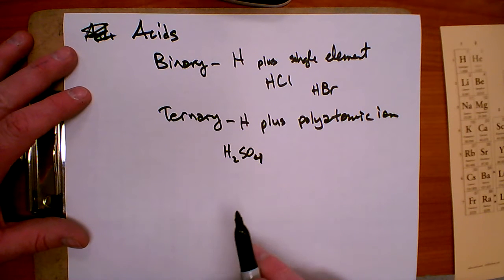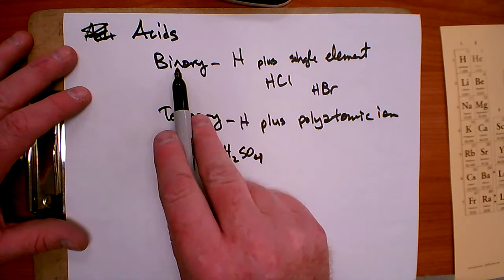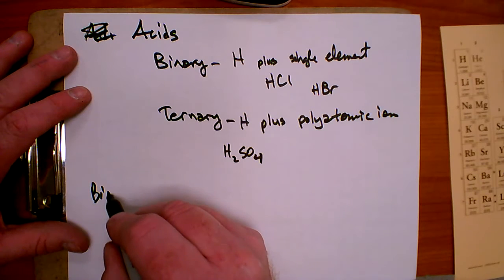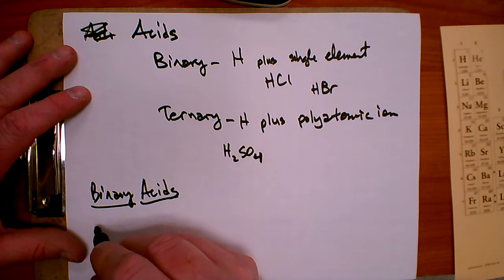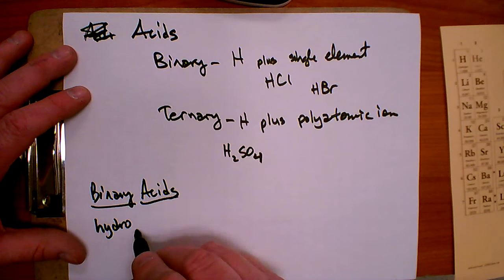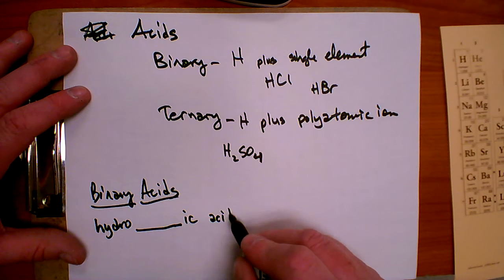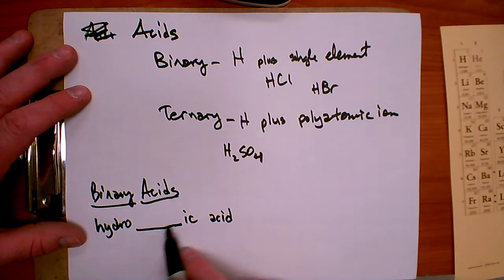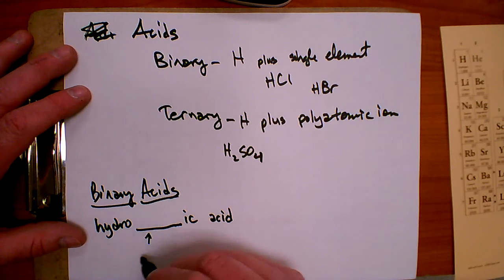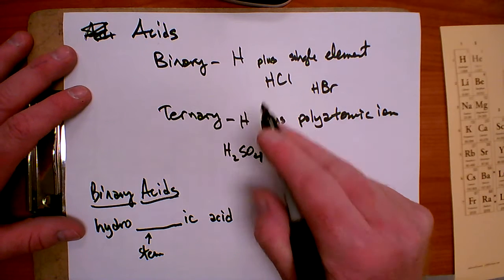So in naming, when there's only two elements, it's a binary acid. Binary acids, the naming is going to begin with hydro, and then the stem, and then ic acid. So for example, HCl is hydrochloric acid, HBr is hydrobromic acid. So this is just the stem from the single element that is there with the hydrogen.